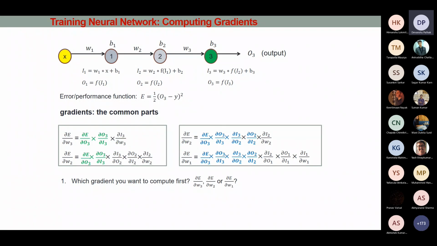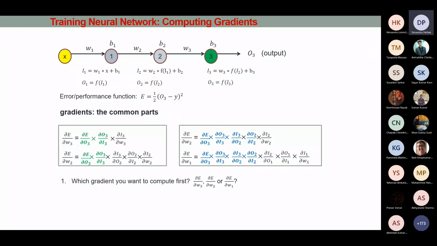If anyone can answer. Del E by del W3. That one you want to compute first? Any particular reason you want to do that? So that can be used to calculate del E by del W2 directly.